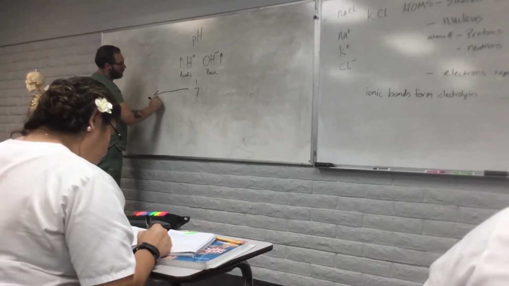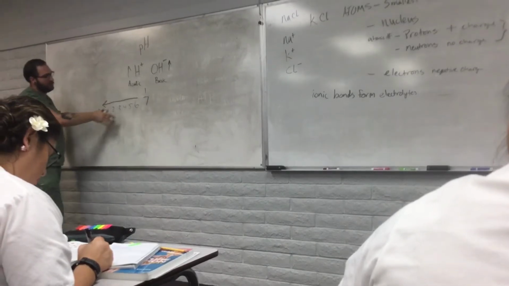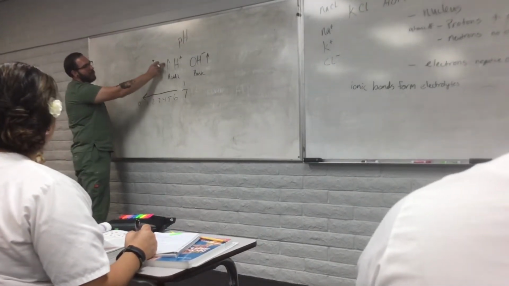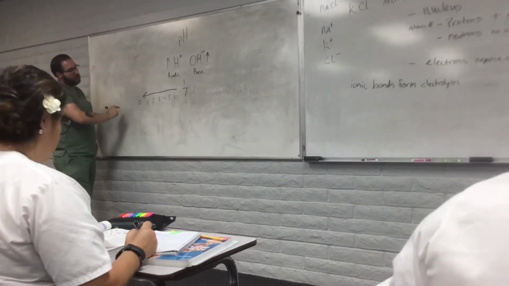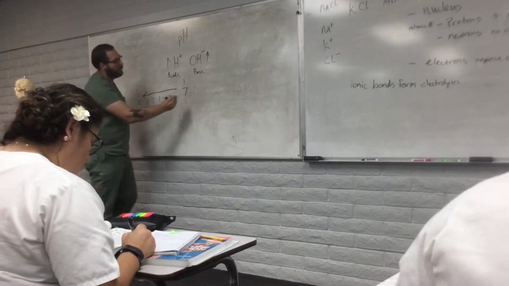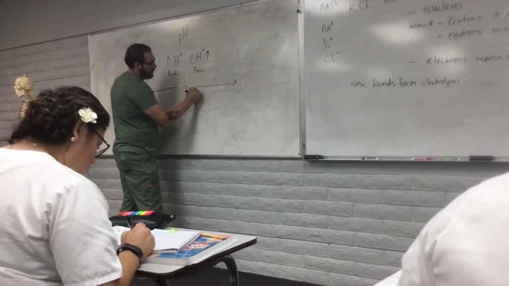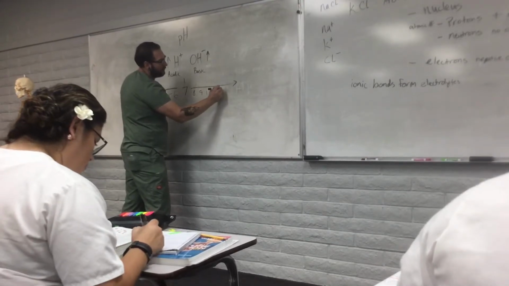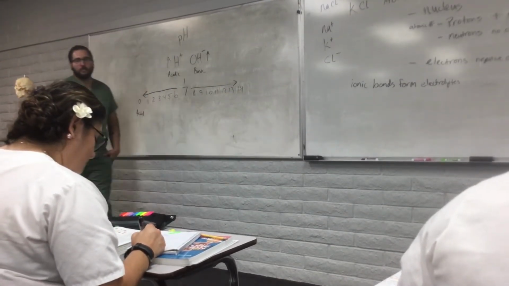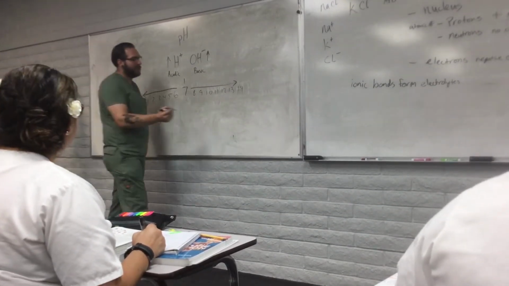So the lower the number, the higher the acidity? Yes, the lower the number, the more hydrogen atoms there are, and the more acid it is. Conversely, the opposite direction goes up to 8, 9, 10, 11, 12, 13, and 14. So this is alkaline.